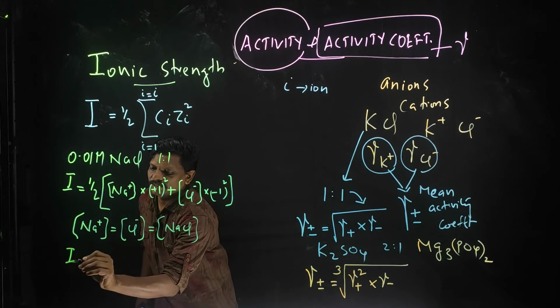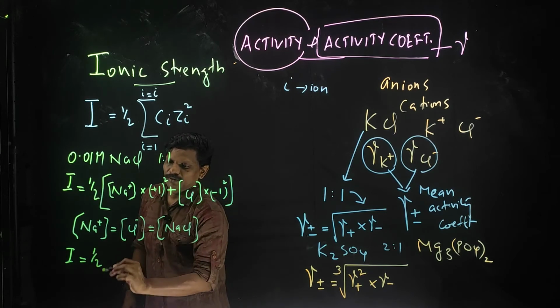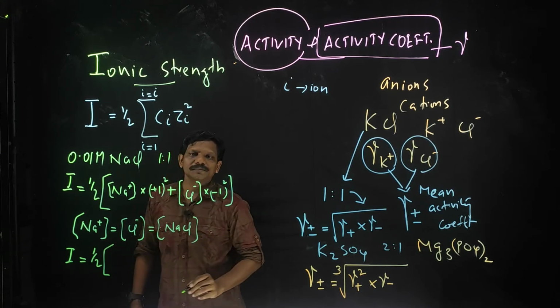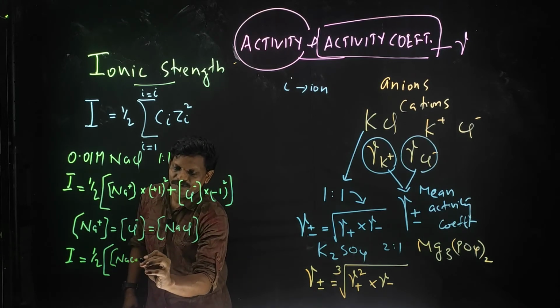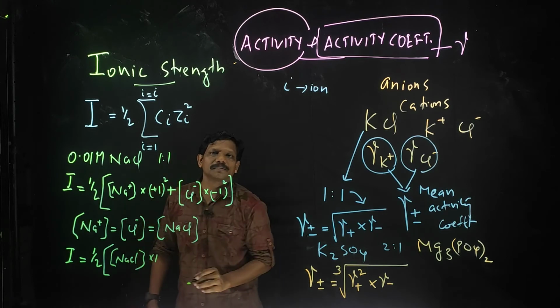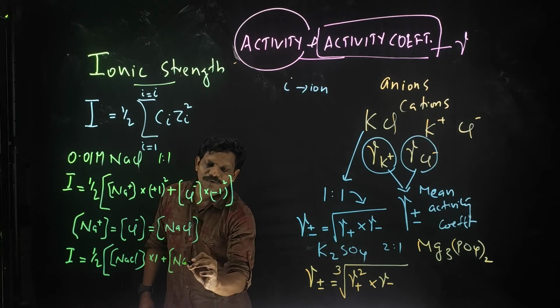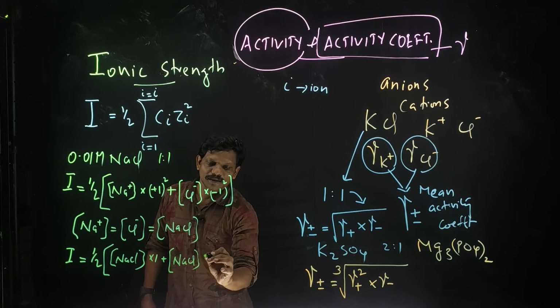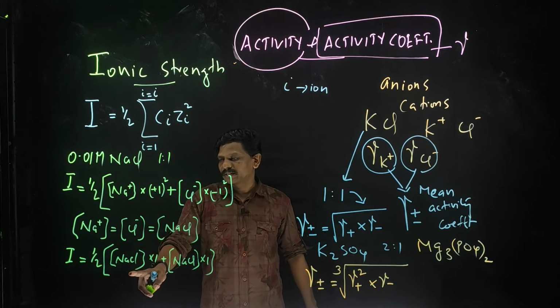So this ionic strength I is equal to half into concentration of NaCl into 1 plus concentration of NaCl into 1. What is the concentration of NaCl?